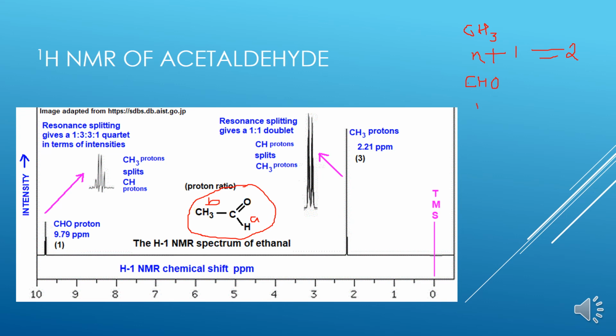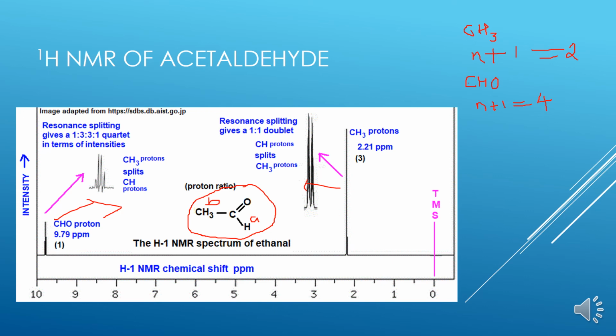Therefore the n plus 1 rule gives 3 plus 1, which gives rise to a quartet. So the CHO splits into 4 peaks, and the CH3 protons split into 2. Therefore, the CH3 protons give a doublet and the aldehydic proton splits into a quartet. So this is about acetaldehyde.